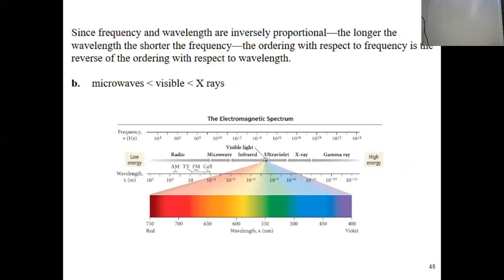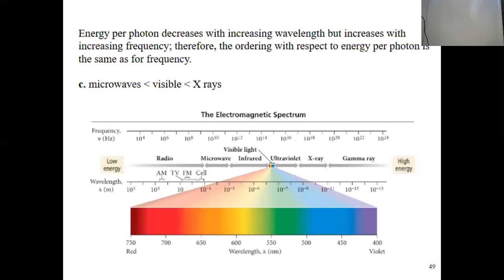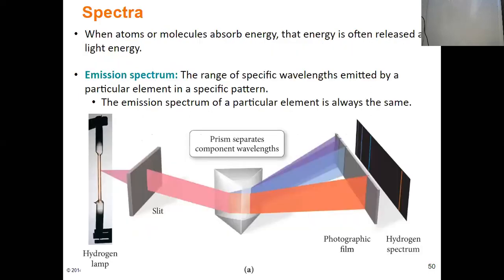Microwaves are going to be less frequent than the visible waves, than the X-rays. And in terms of energy per photon, that is going to decrease with increasing wavelength. So again, the smallest amount of energy per photon is going to be associated with the microwaves. The largest amount of energy is going to be associated with the X-rays. All right.